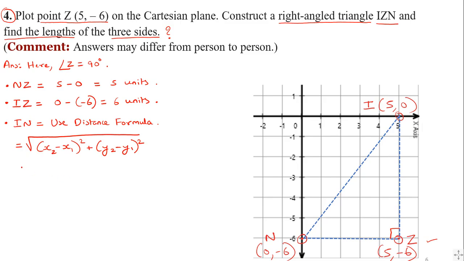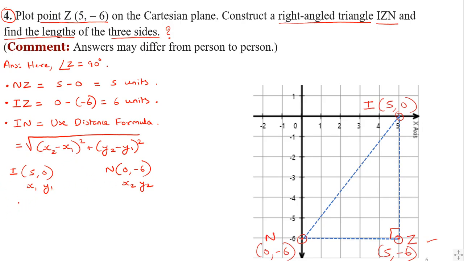So here first we will write the points. I coordinate is (5, 0), and N coordinate is (0, -6). The first one will be x1, y1, and this will be x2, y2. You can take this as x2, y2 and this as x1, y1, that is not a problem. Anything can be x1, y1 and anything can be x2, y2. Here I have taken I as x1, y1 and N as x2, y2.